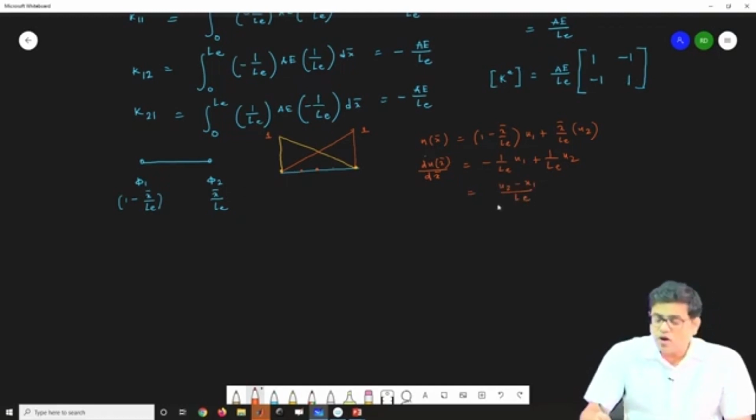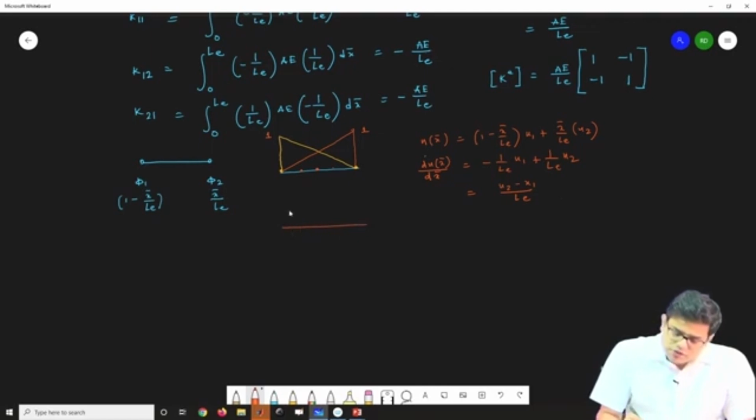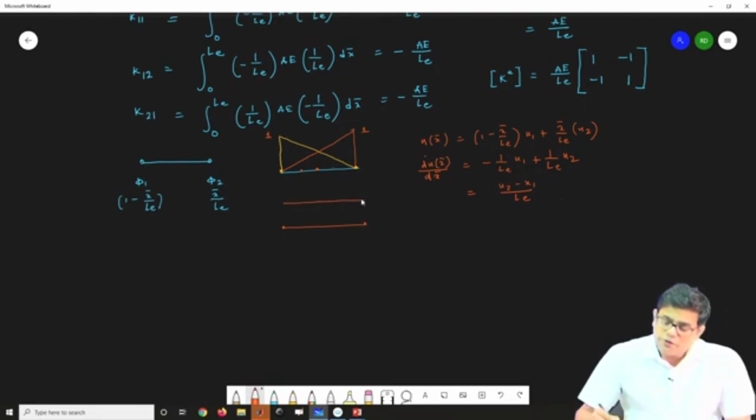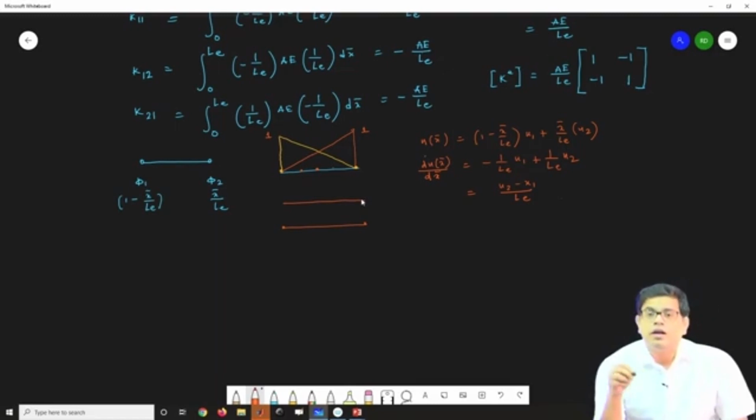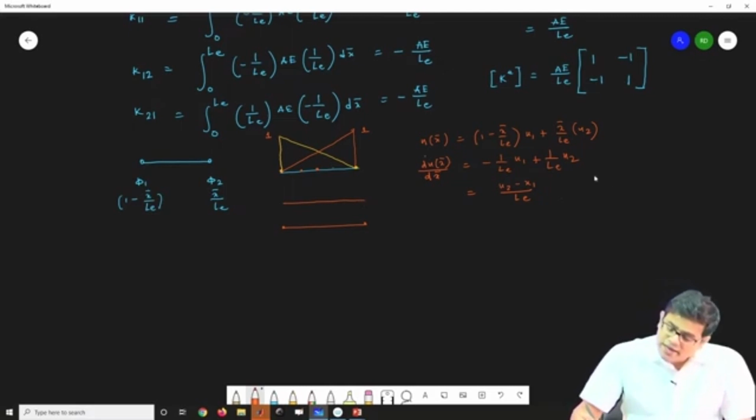This is a constant. So if I plot the derivative of these functions, it will be a constant, (u2 minus u1) by LE. If you now go back to your mechanics knowledge, you will see that du/dx is my strain.